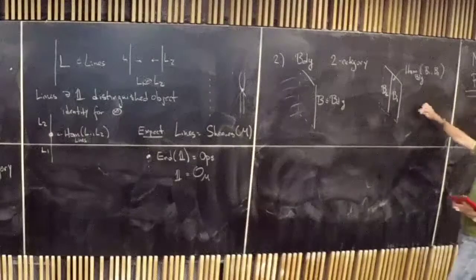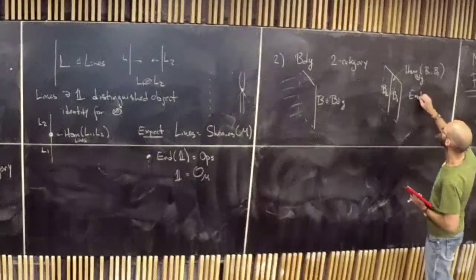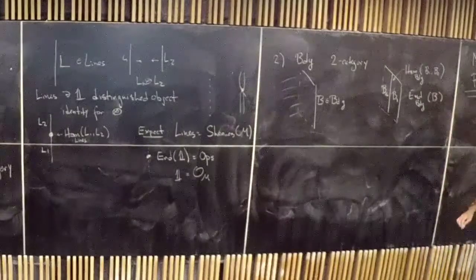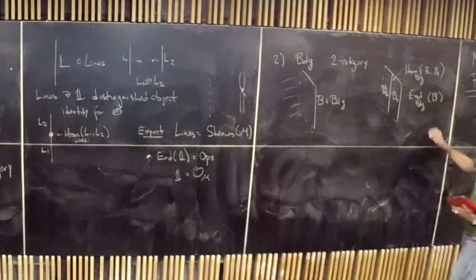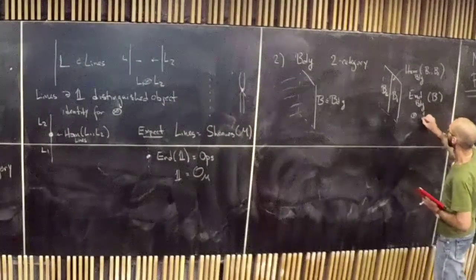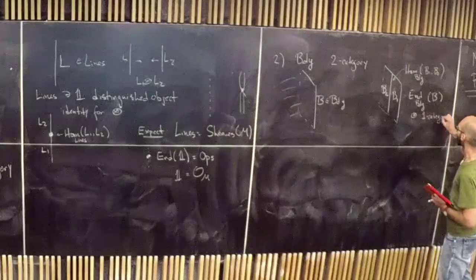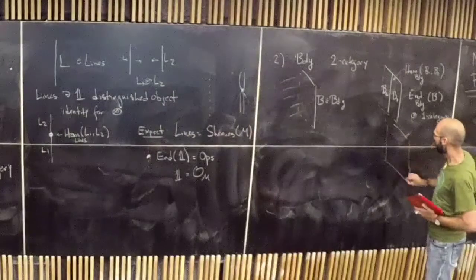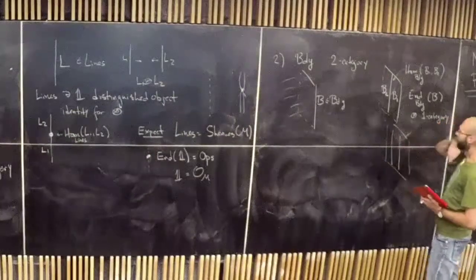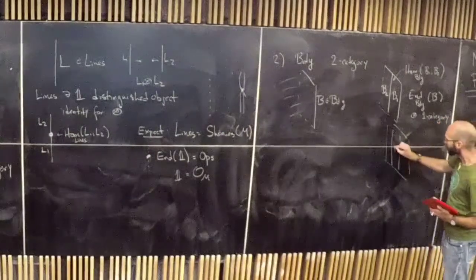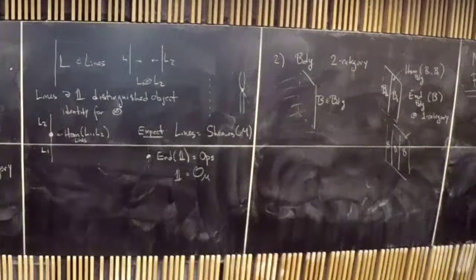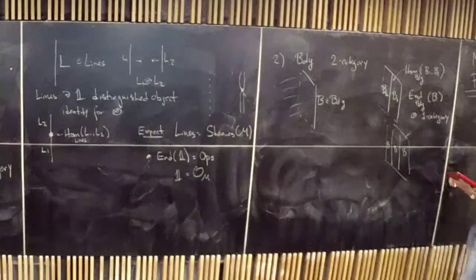End of a particular B is a monoidal 1-category. So End of a particular B is lines going between B and itself. It's monoidal because they can collide. It's not braided because they can't move past each other.